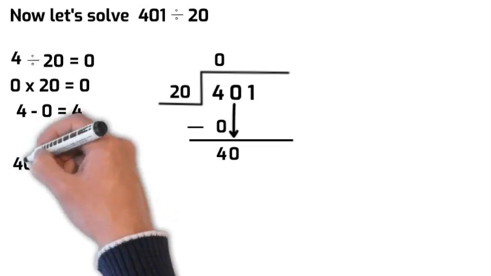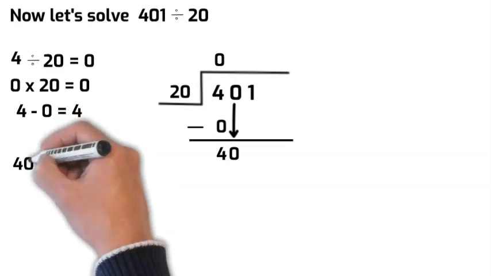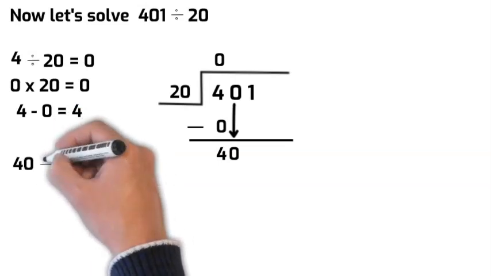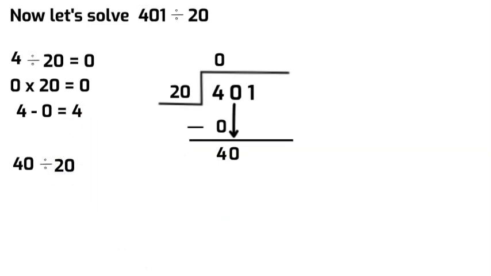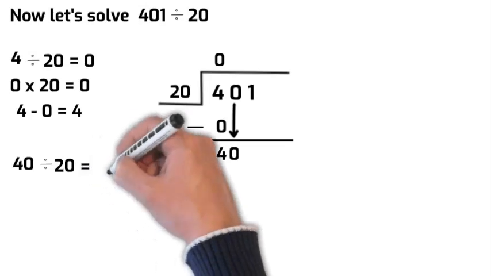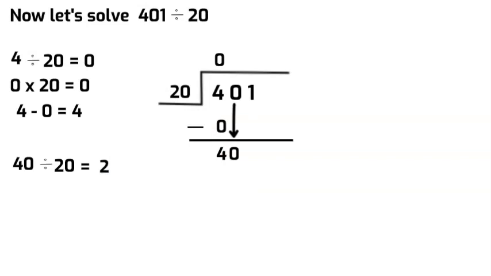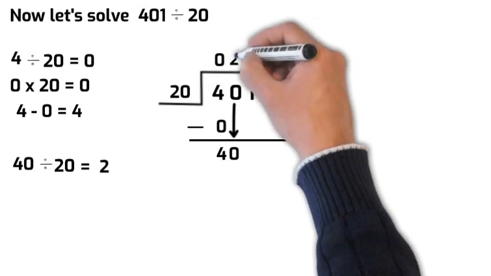So we say 40 divided by 20. 40 divided by 20 gives us 2. We go on top of our quotient space above the second digit of our dividend and write down 2.